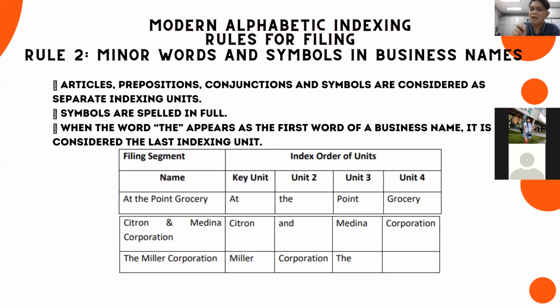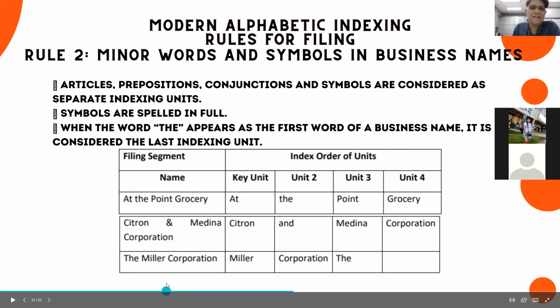Kagaya ng "and", lalagay mo dyan A-N-D. The second unit of The Miller Corporation is Corporation. And then unit 3 is Point, Medina, and unit 4 is Grocery Corporation. Dahil nga apat, tatlo lang si Miller, so tatlo lang yung nakalagay natin doon. So that's the rule on minor words and symbols in business names. Okay, next.